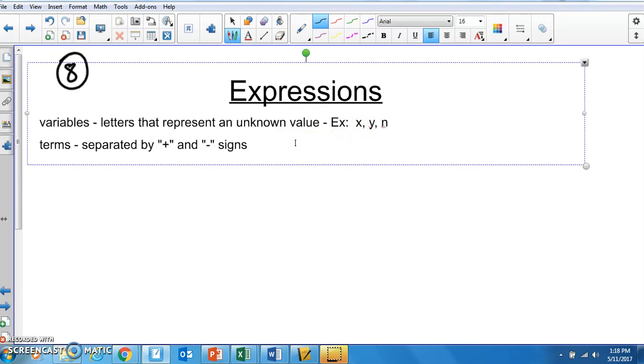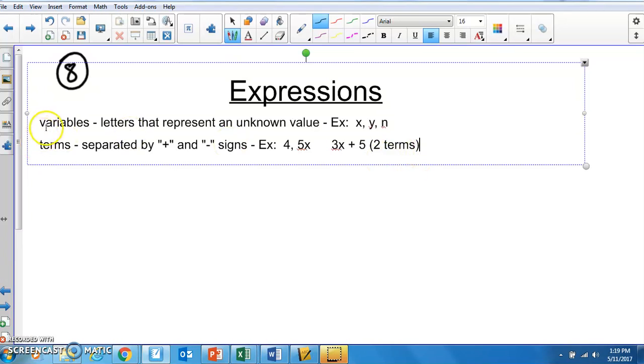An example of a term would be 4, could be 5x. Let's say you have 3x plus 5. That has two terms. The two terms are the 3x and the 5.